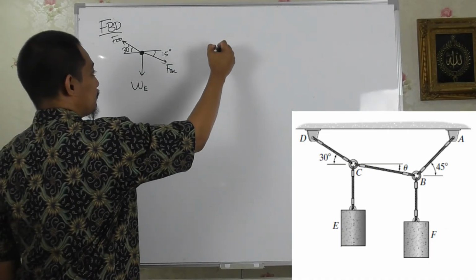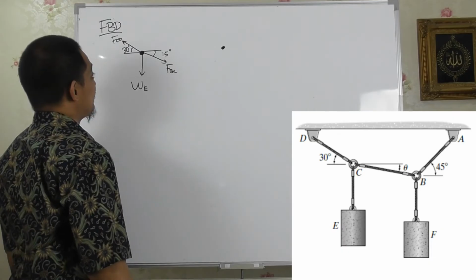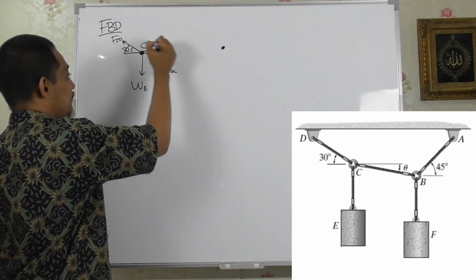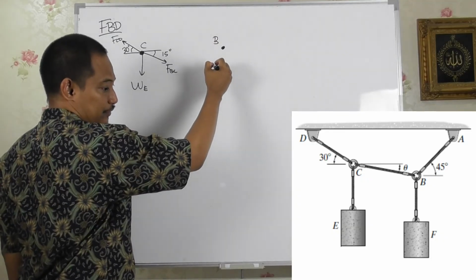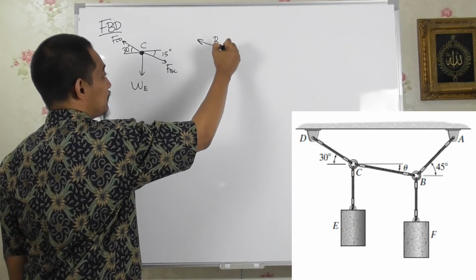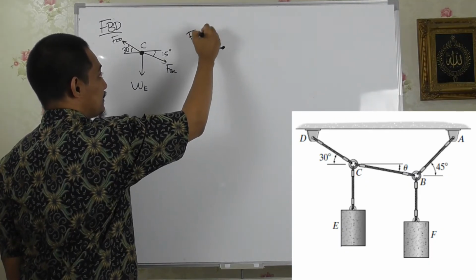And then here at point B, this is point C, right? And then this is point B. So we have a force here, this is 15 degrees, this is FBC.